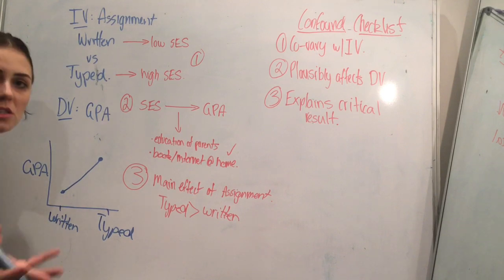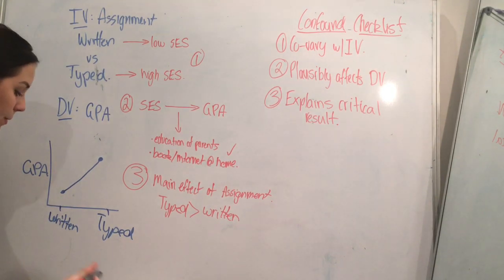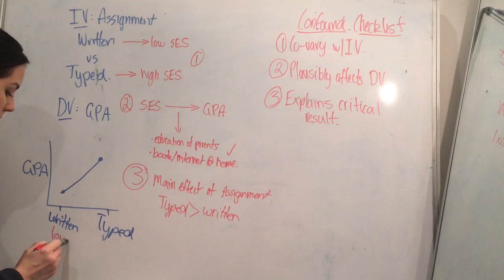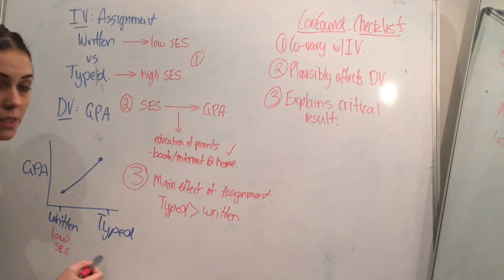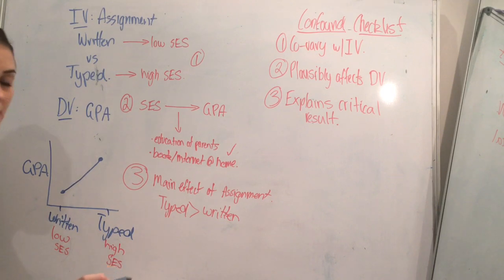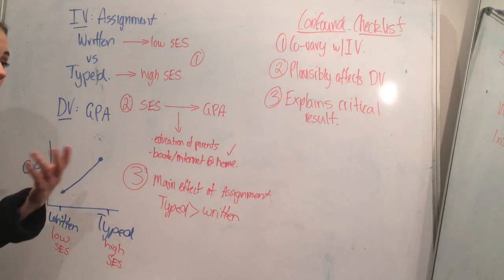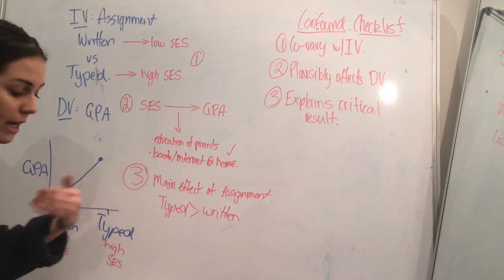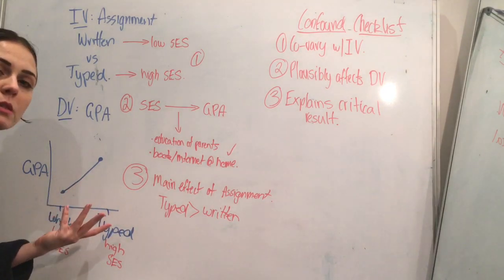One thing, you just have to play it through and see if it actually works. So if an assignment was written, this would be my low SES. And if an assignment was typed, this would be my high SES. And then I just want to see if the results overlapped. If hypothetically written and typed didn't make a difference, but SES did, how would the results play out?